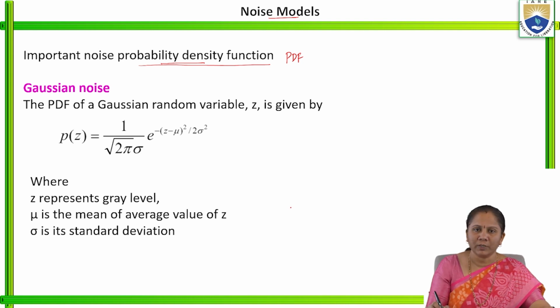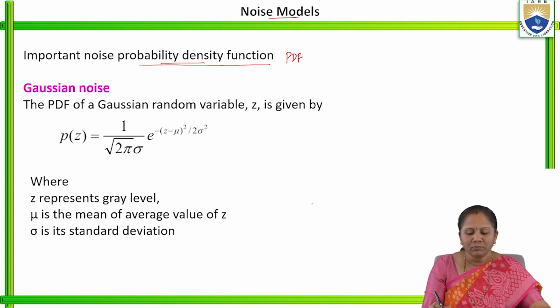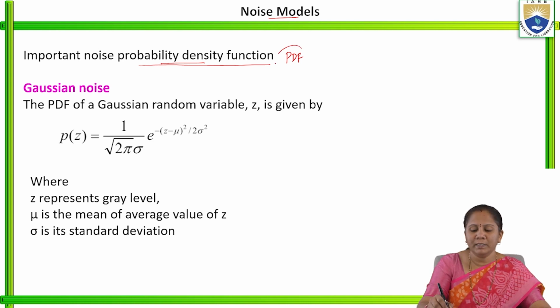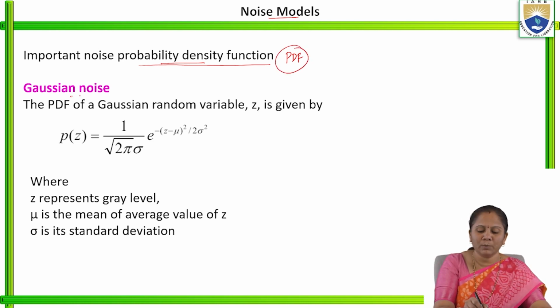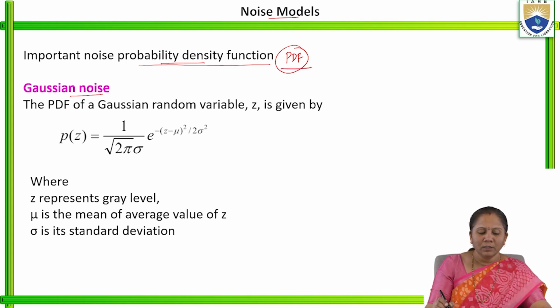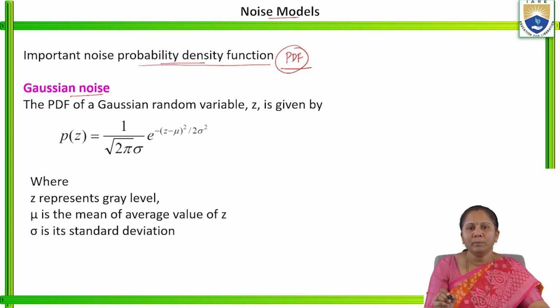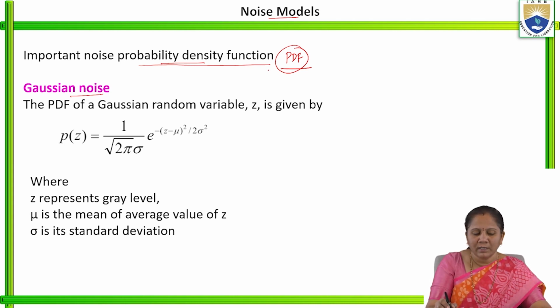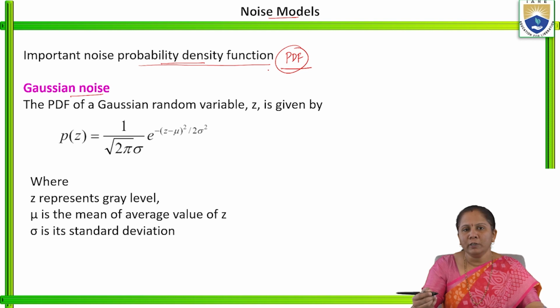So what is this probability density function? For each noise model, we are going to draw the probability density function graph. So we should first know what is meant by the probability density function. It will give the probability of occurrence at that point.